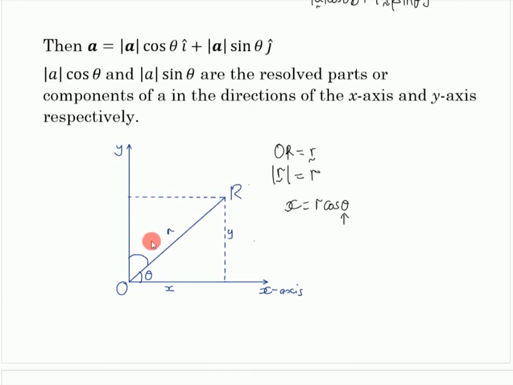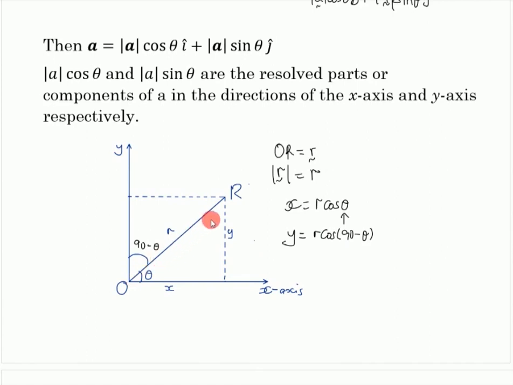Now what about the y direction? There I have to consider this angle 90 minus theta, and still I say that y is equal to r cos of 90 minus theta. It is just a matter of getting, what are you doing? I want to resolve this along the x-axis.